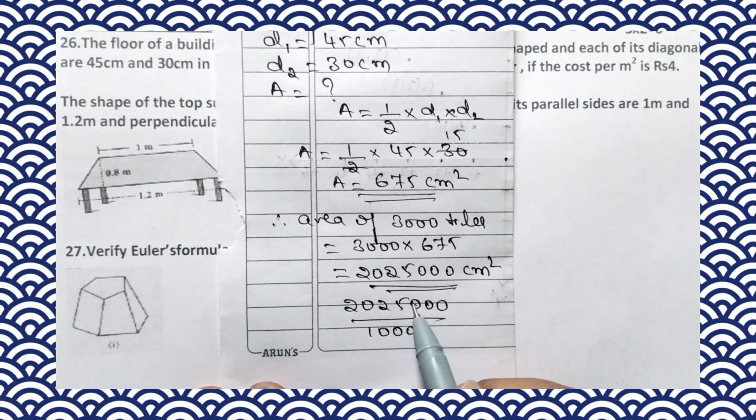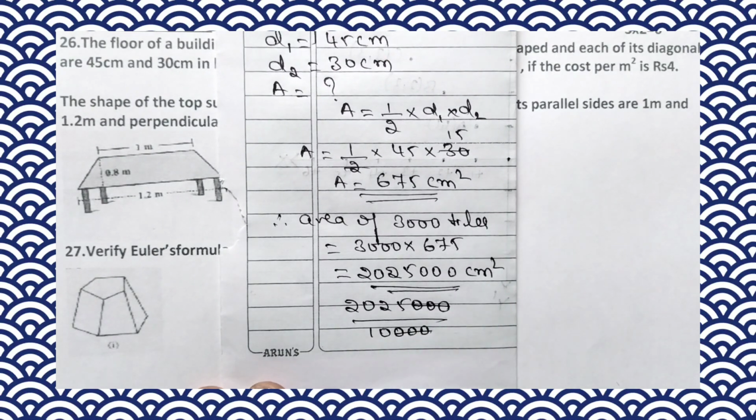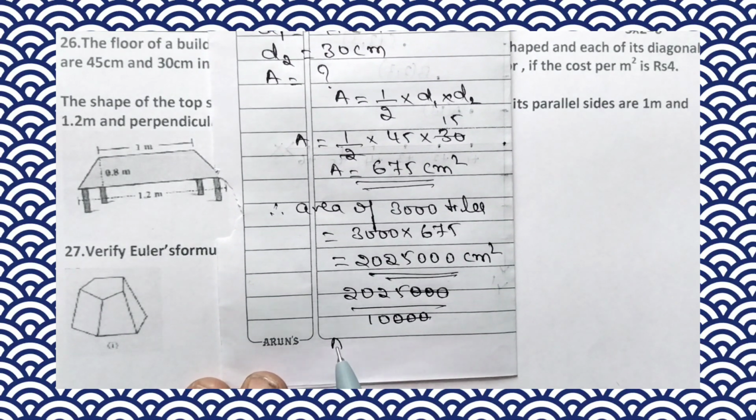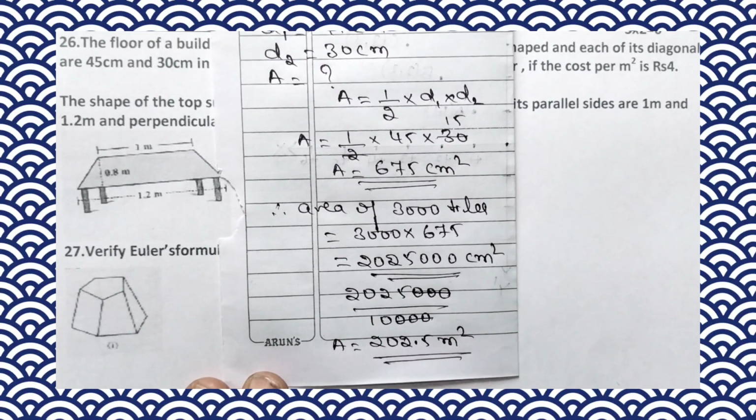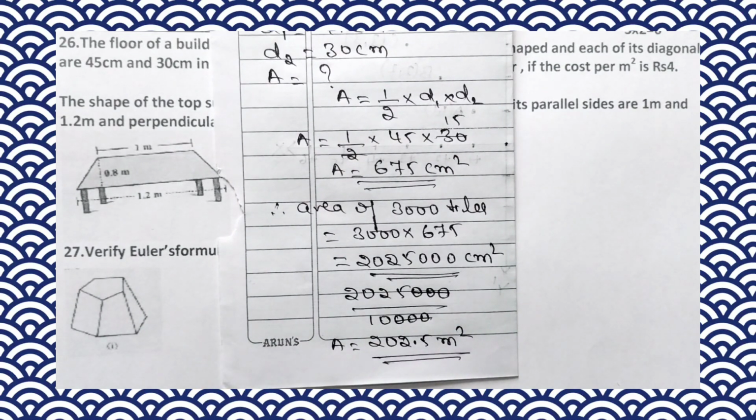So you cancel 3 zeros and these 3 zeros. Only 1 zero is remaining. So the decimal point goes after leaving one digit from this side. So what is the total area in meter square? That is equal to 202.5 meter square. This is the total area of the 3000 tiles in meter square.